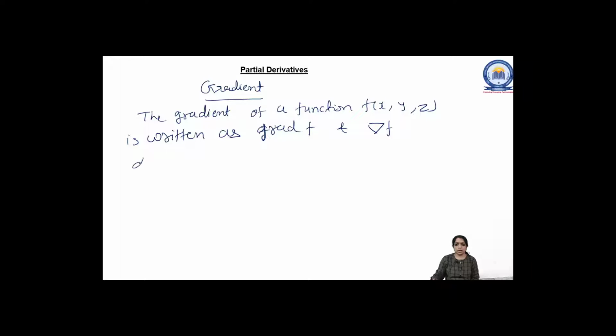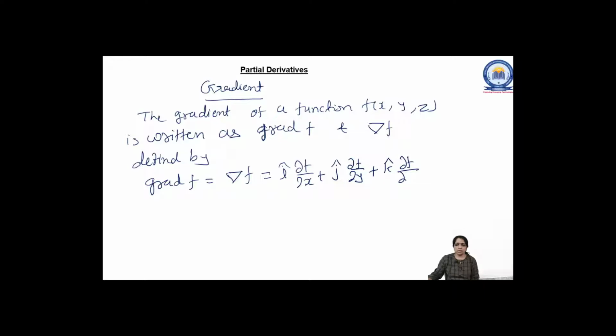It is defined by: gradient of f, that is grad f, symbol ∇f, is equal to i ∂f/∂x plus j ∂f/∂y plus k ∂f/∂z. So this is the formula for finding the gradient.